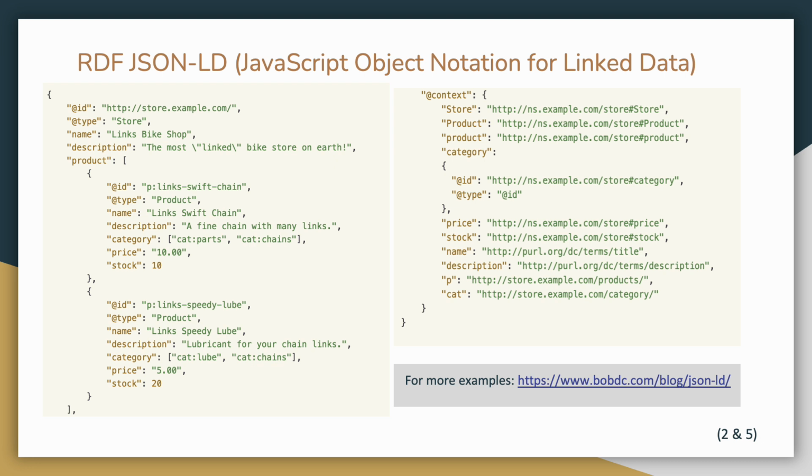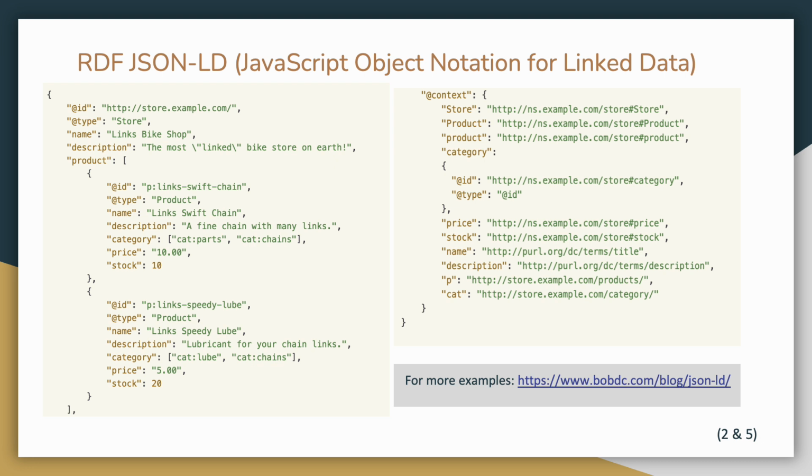But as you can see here in this product element, you're defining values for all of the different variables here, which will include the ID of the resource itself, the type, the name, the description.